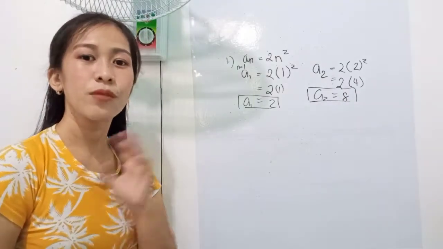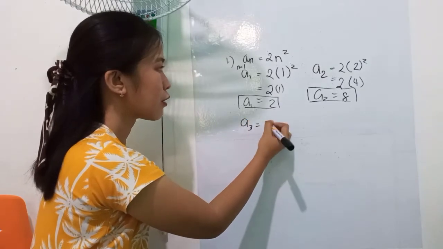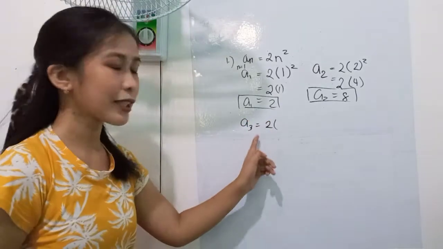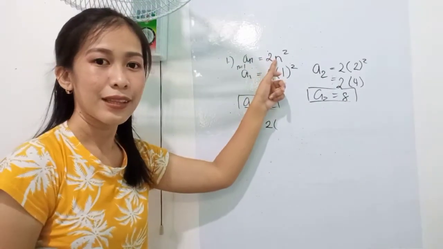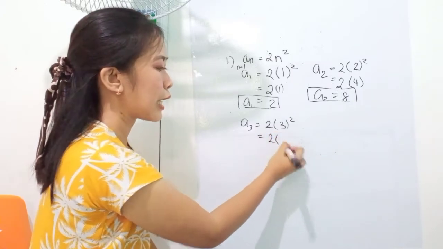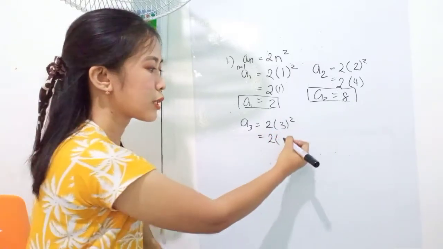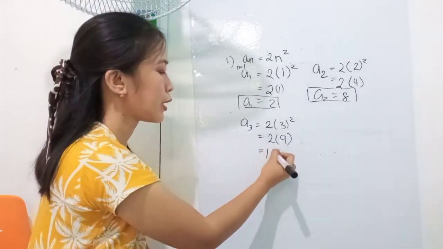Okay? Now, let's move on to A sub 3. A sub 3 is equal to 2 times, dahil nasa 3 na tayo, we're gonna substitute 3 to the n. So, we have 3 raised to 2. And then, 2 times 3 raised to 2 is, of course, 9. So, 9 times 2 is equal to 18.